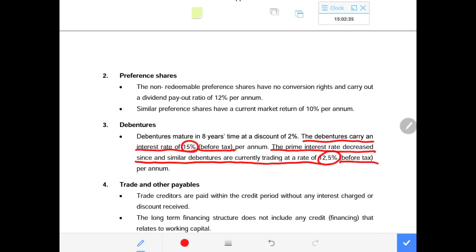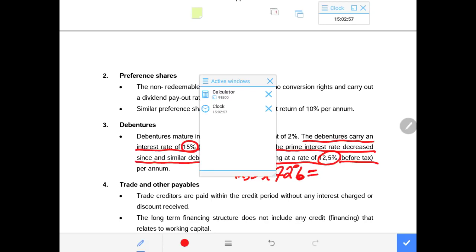So we need to take into account the market rate when we're calculating the present value of this financial instrument. We need to know how much is the current value of the debentures according to the market. So now we have to say 12.5% times this by 72% because we need the interest after tax has been taken into consideration. Don't forget that.